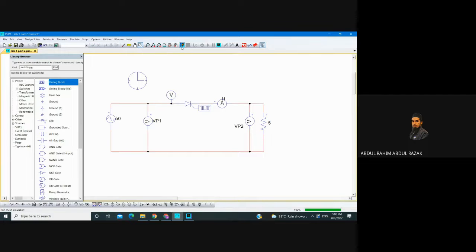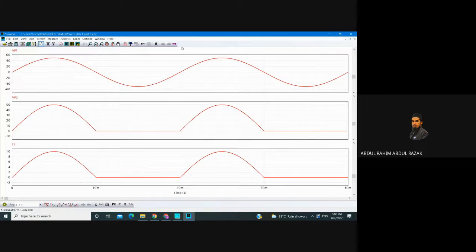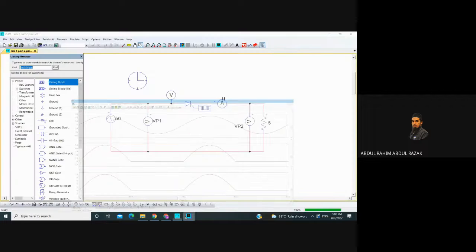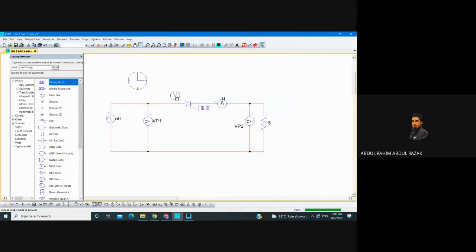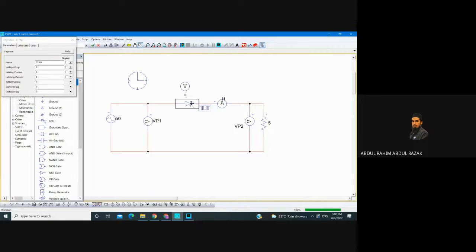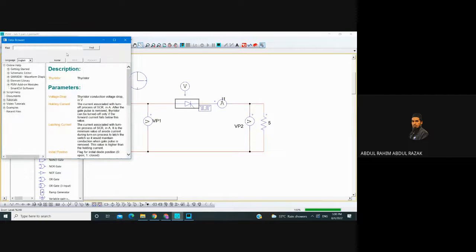No, the gate that is on the terminal. On the gate. On the key. Triggering gate. This one. Oh. At the thyristor. If you double click the thyristor, okay, press help. Enlarge.